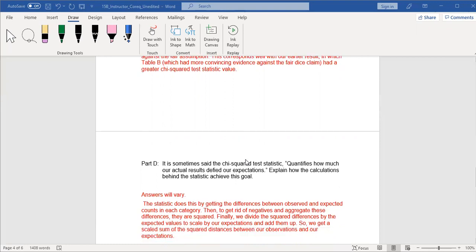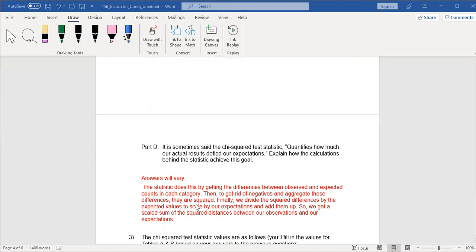Then we get rid of the negatives and aggregate these differences by squaring them. Then we divide the squared difference by the expected value to scale by our expectation, and add them up. So we get a scaled sum of the squared distances between our observations and our expectations.